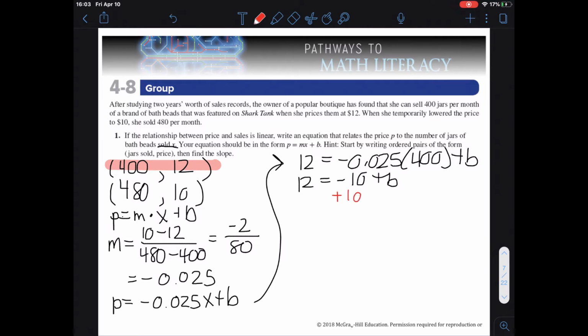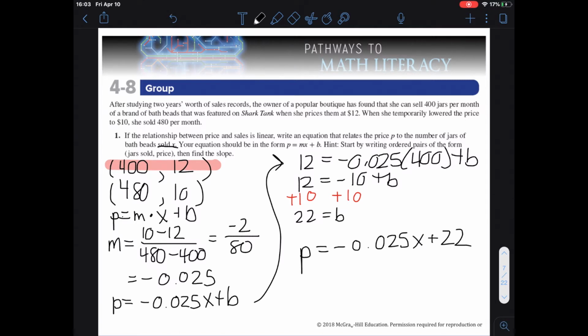Add that over to the other side, and that tells us that 22 equals b. So our price, based on the number of bath jars we sell, is going to be negative 0.025x plus b, which is 22.